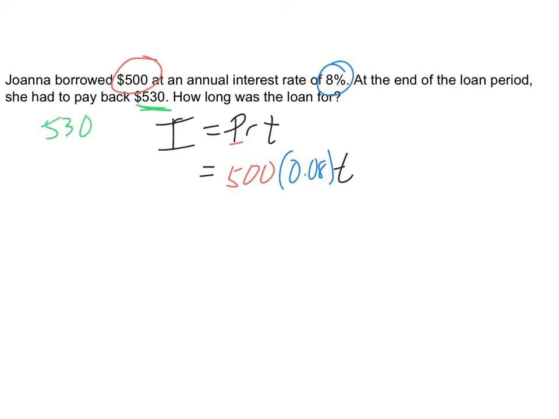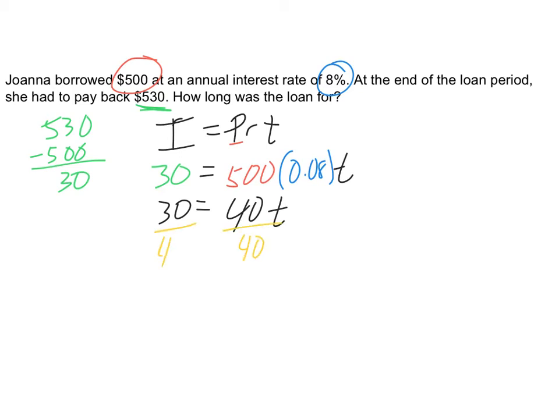So I need to find how much interest she paid. So I take the $530 minus the original $500 that she borrowed, and she got $30 of interest. So 30 is going to go in for I. Now, if we clean up the right side, 500 times 0.08, that's going to get us 40 times T. Divide both sides by what's in front of T, and you get that T is 3/4.